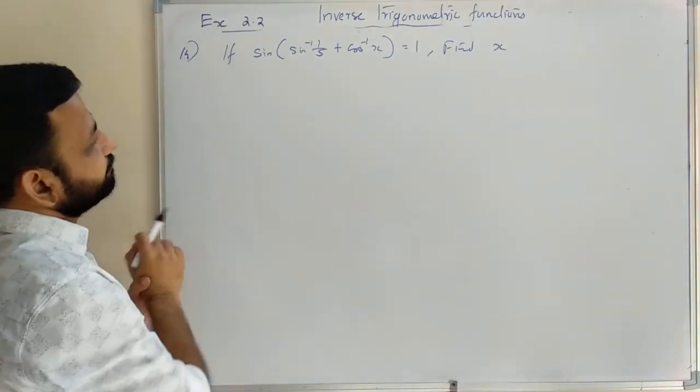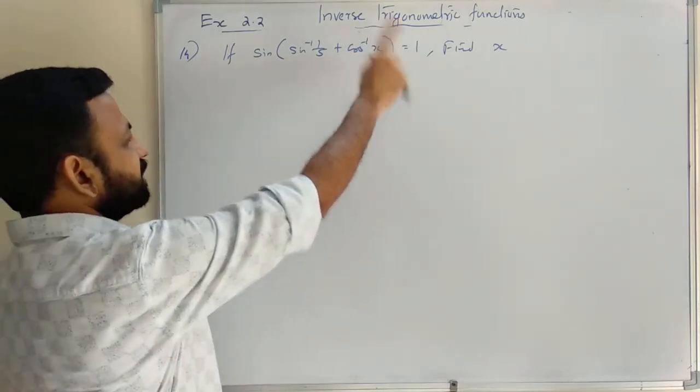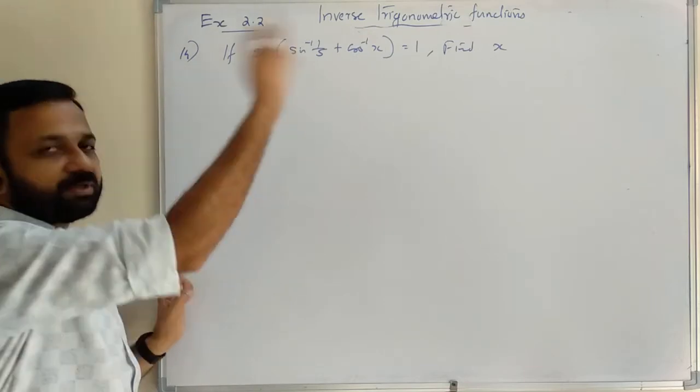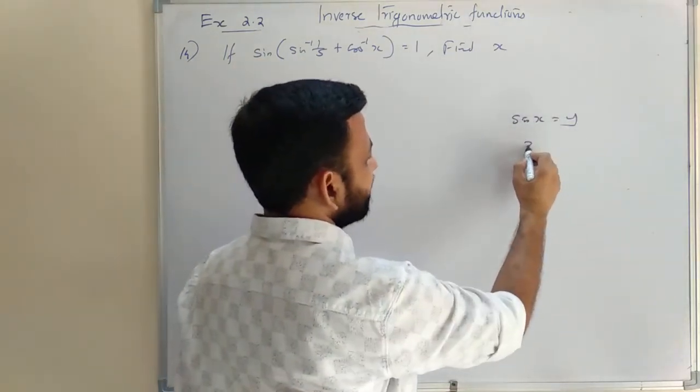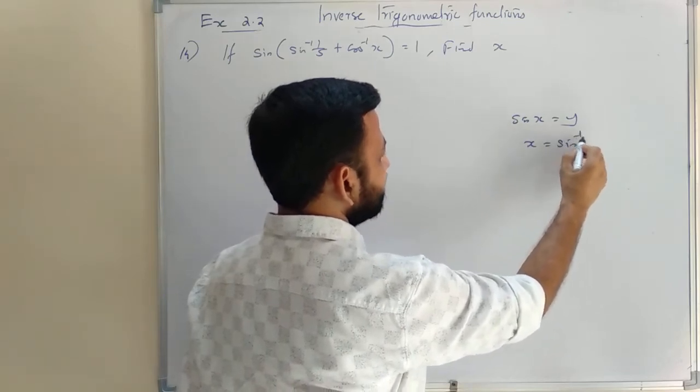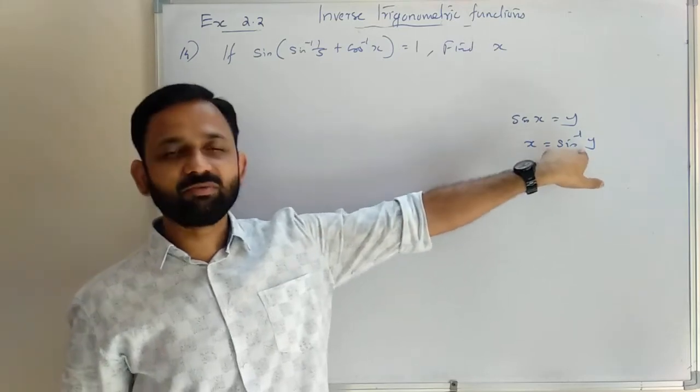So here sin inverse 1 by 5 plus cos inverse x is equal to 1. So we can take sin from left to right. If sin x is equal to y, therefore x is equal to sin inverse y.